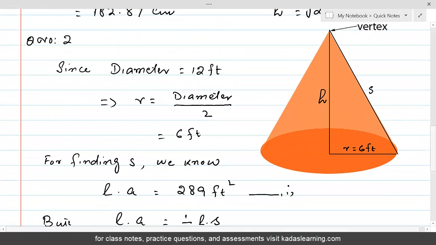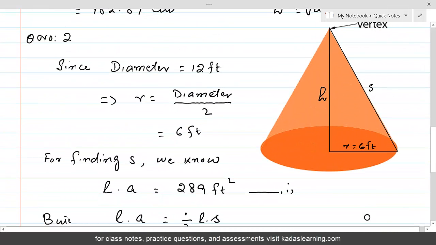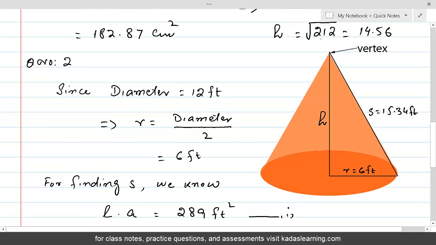Now when we have the value for slanting height, which is 15.34 feet, we can see that we have two sides of this right angle triangle A, B, and C. Now we can use Pythagoras theorem on this triangle.